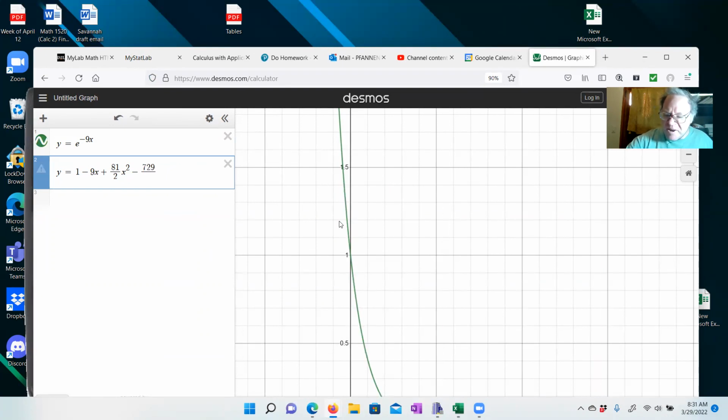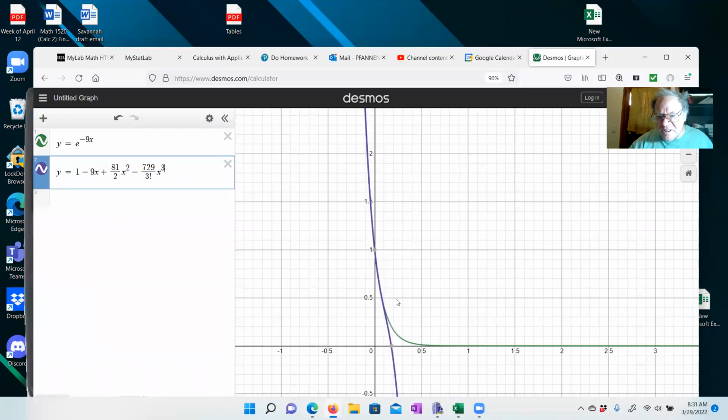Divided by 3 factorial, and that's x to the third. So we're still approximating that. And then finally plus what was it, 6561 over 4 factorial x to the fourth.